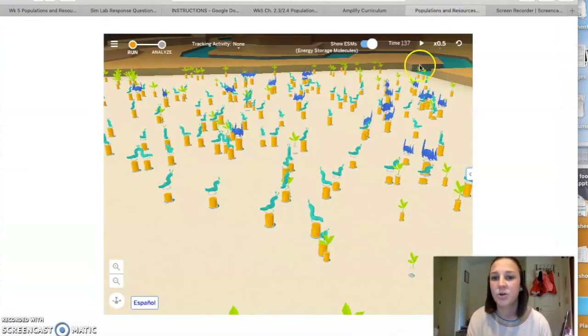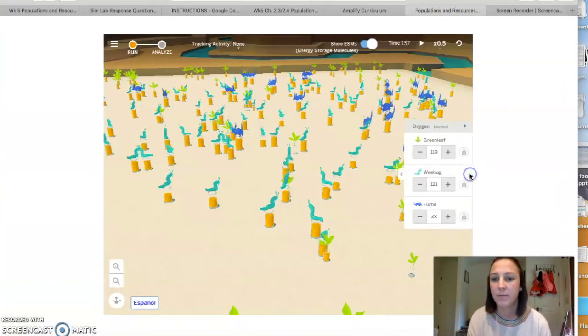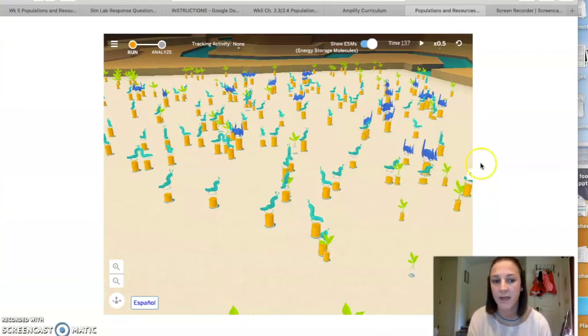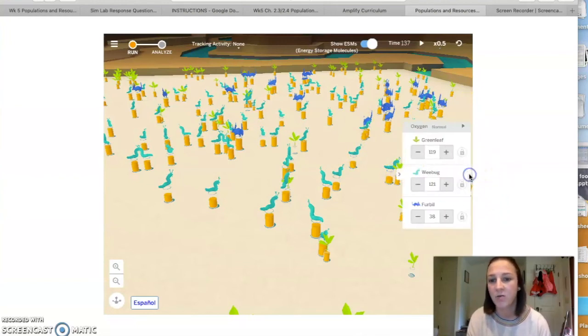And then let me show you how you can make changes to the population. So you can change the number of green leaves. Did you see that? Let me go back real quick. On this edge right here is an arrow, and this is where you make changes to the number of organisms in your environment. And you have to unlock it or lock it. I locked it.